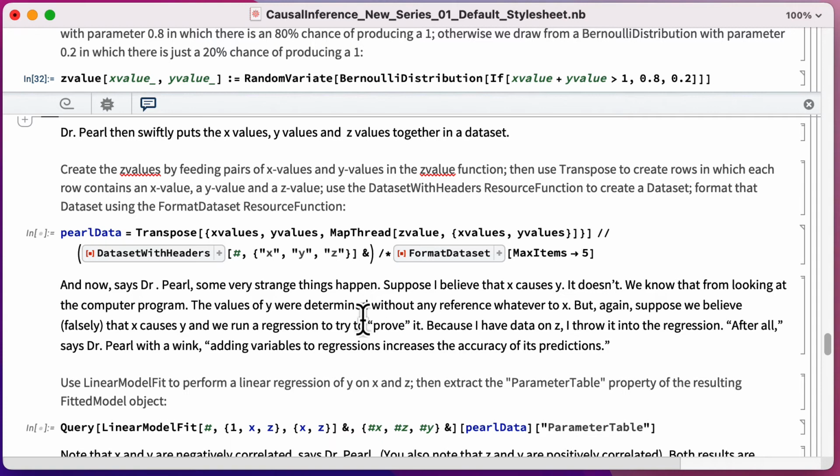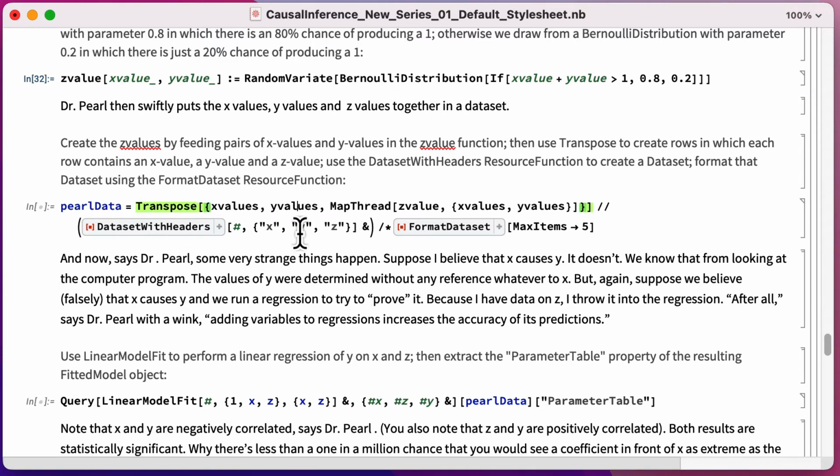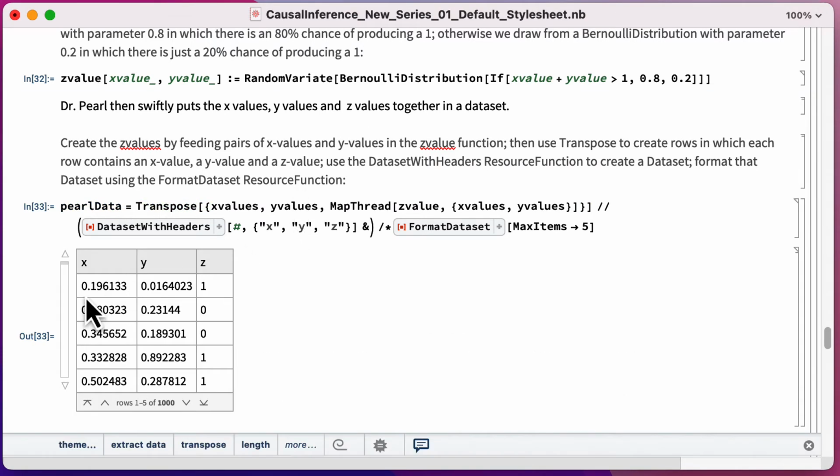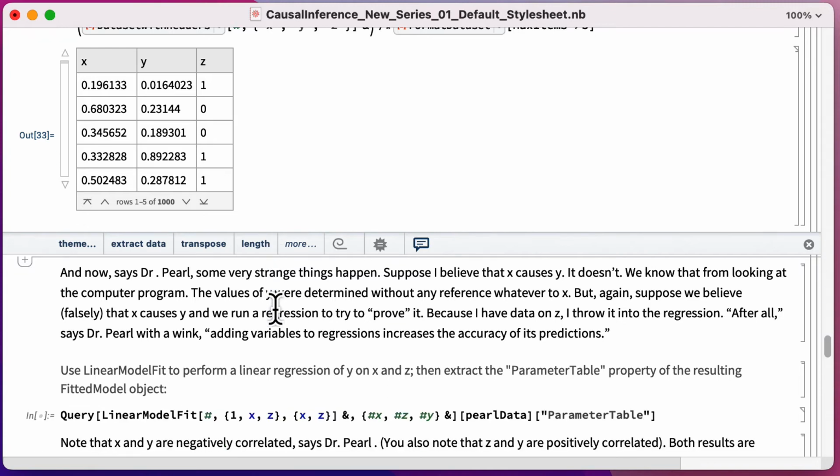So Dr. Pearl, who's very good at Wolfram language, puts it all together and he makes a little data set. Here it is. We've got 1,000 pieces of data which have an x value, a y value, and a z value.